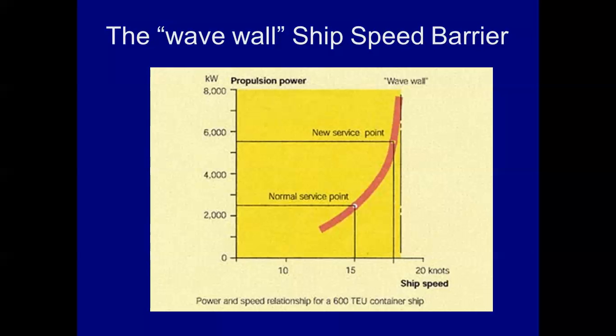An example was on the old SL7s I started out on. They were 120,000 ship horsepower at full load, with two main engines, twin screw steam turbine.